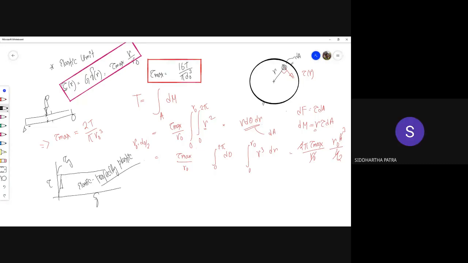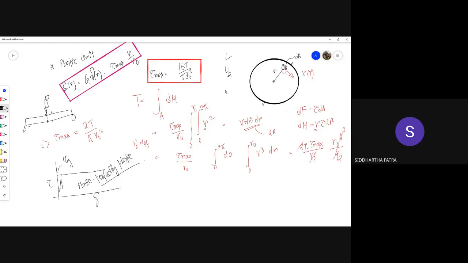So in torsion, as we discussed, the shear strain doesn't change with the axial position. We showed that whether we are at L or L by 2, it's the same shear strain, provided we are at the same radial location.